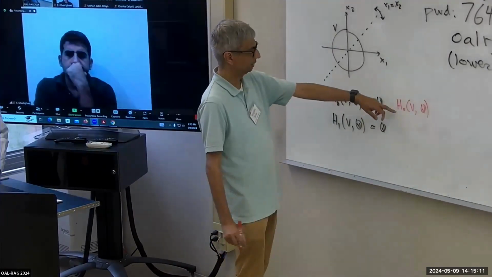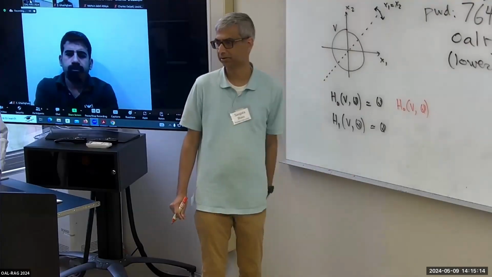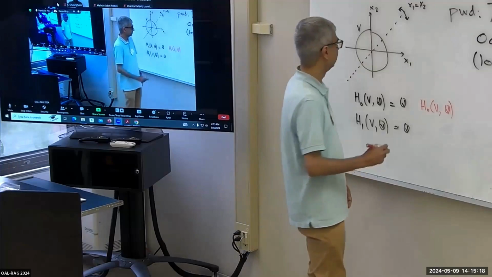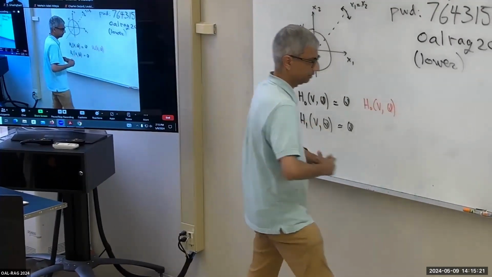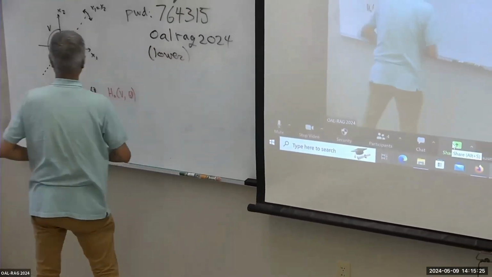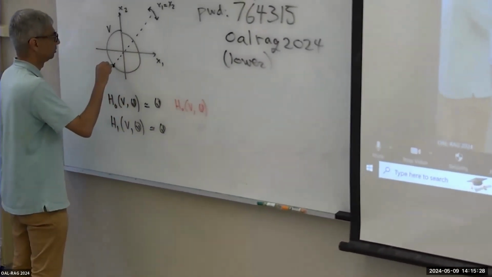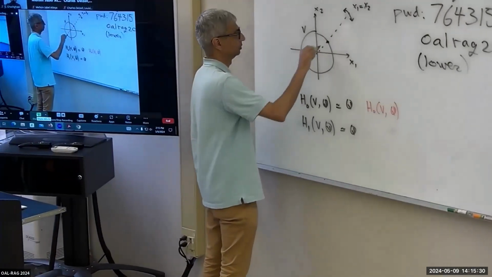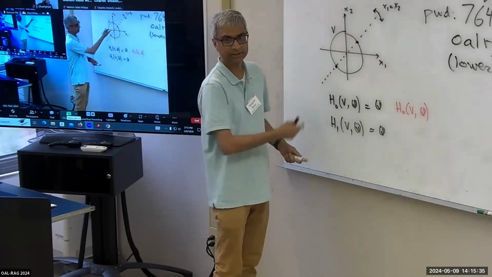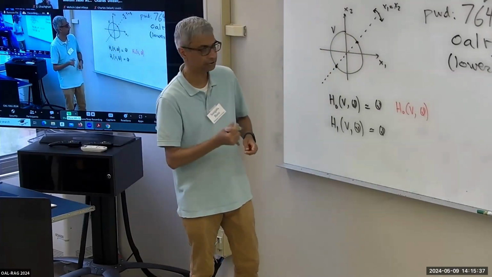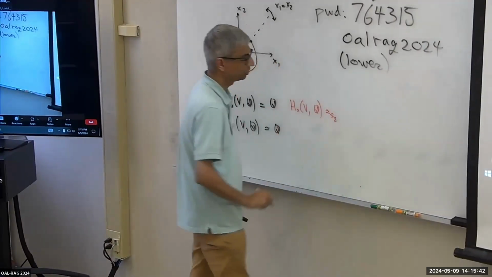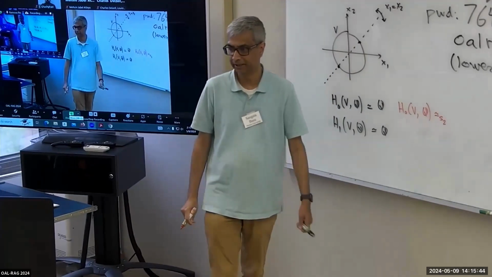The action on H0, which corresponds to connected components, is trivial, because you can compute it by decomposing the circle into two zero cells and one cell. And you see that the action keeps the zero cells stable. So as an S2 module, this is the one-dimensional trivial module.